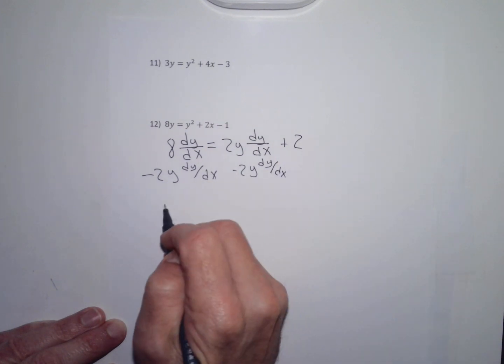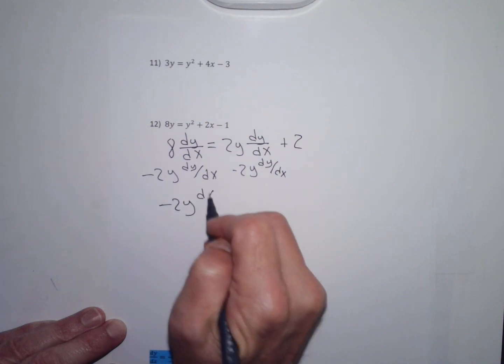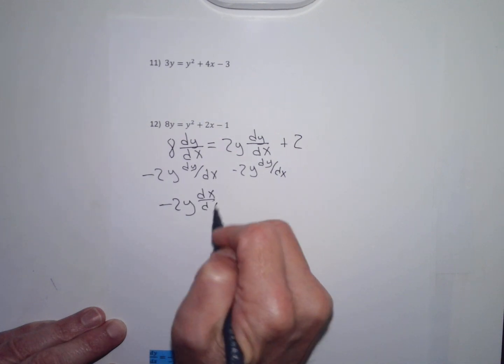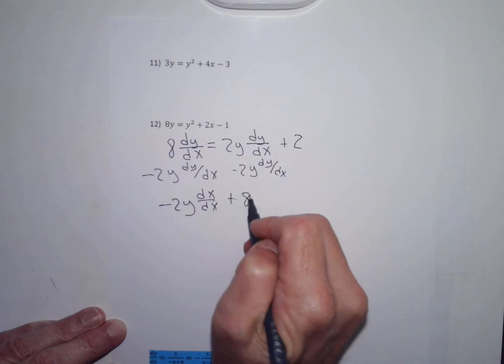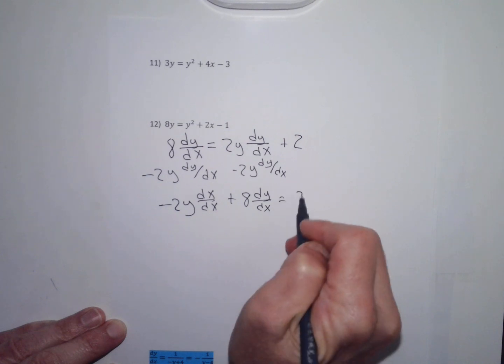So this is going to give me negative 2y dy/dx plus 8 dy/dx equals 2.